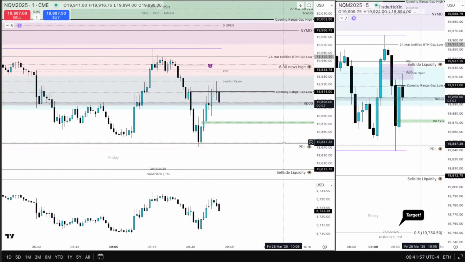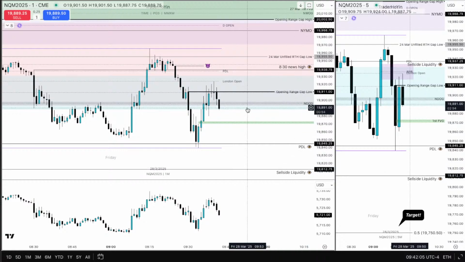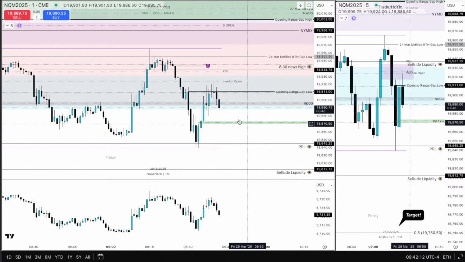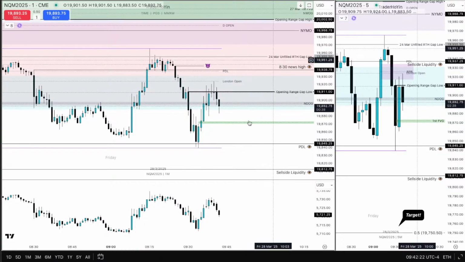I mean, usually price will react to the mid of the regular trading hour gap, but sometimes if it's really bearish or bullish, the 0.25 level or 0.75 level, sometimes they react to it as well, but usually it will draw to the midpoint.